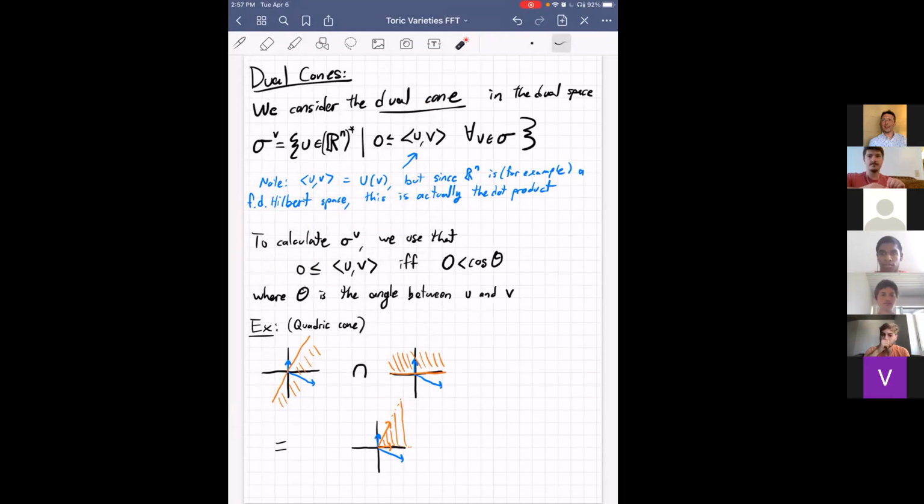Equivalently, exactly what you're saying is take each orthogonal complement and the positive side of that with respect to the generating vector, and intersect all of those positive parts of the orthogonal complements. That's exactly the same as what you said.